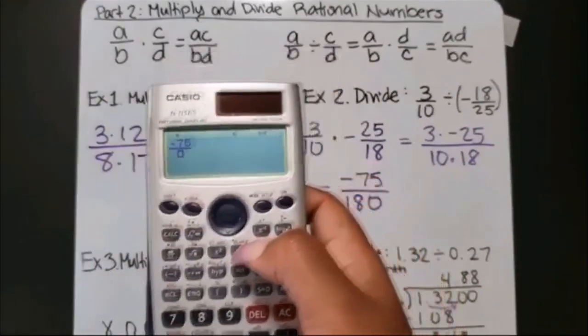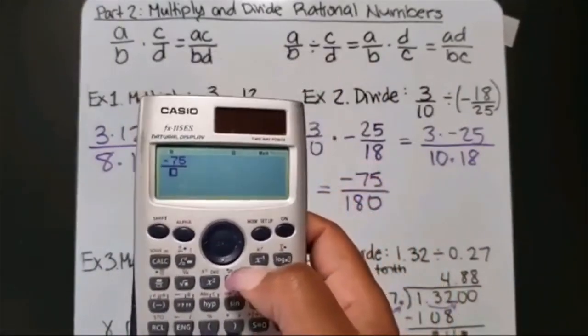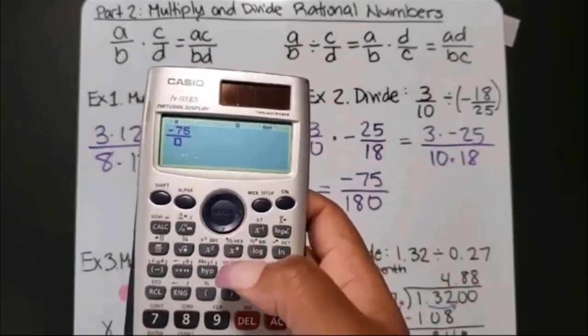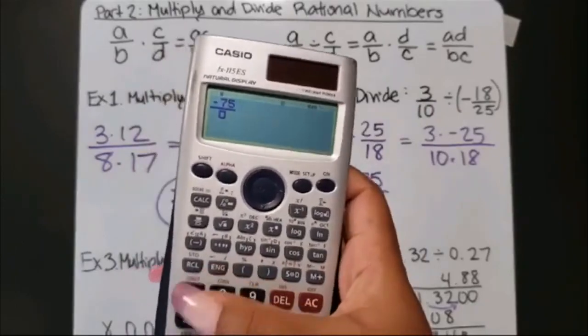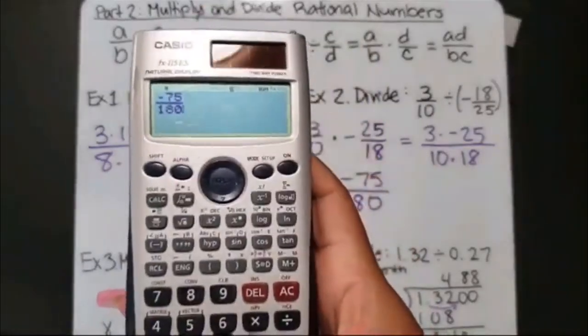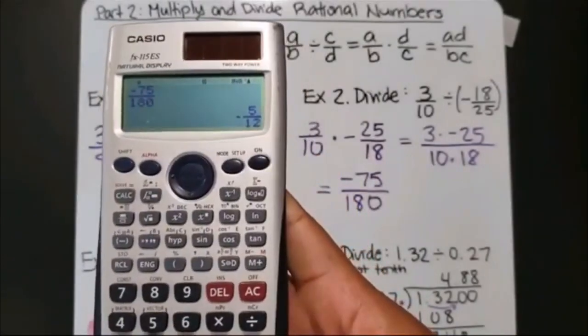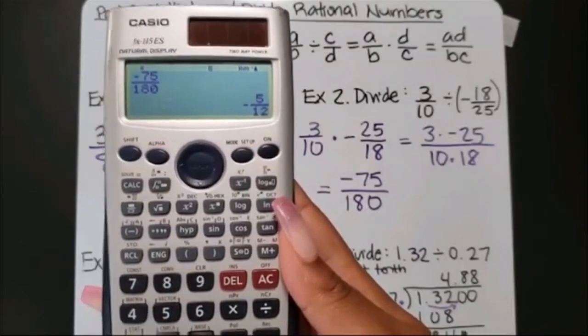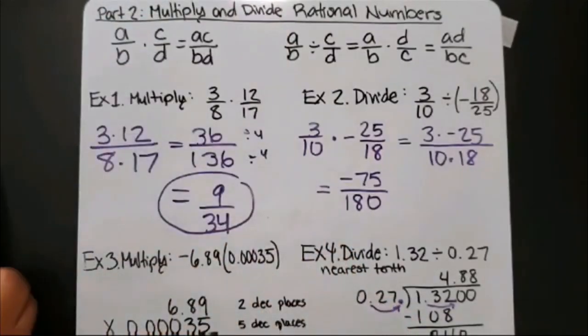But if not, all you have to do is divide the top and the bottom by the greatest common factor. So here I'm just going to show you. I put that fraction in and I hit equals, and it gave me negative 5 over 12.